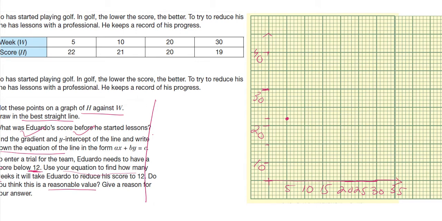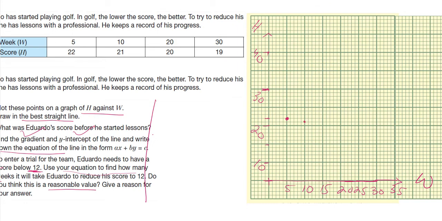All right. You can mention score over here. They have mentioned H for the value of score and W for the week. Okay, 22, and then when there is a 10, your score will be 21.